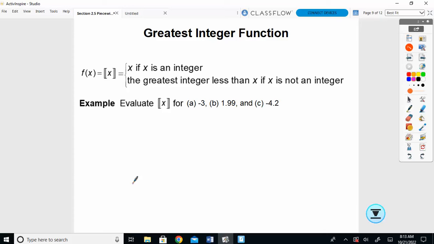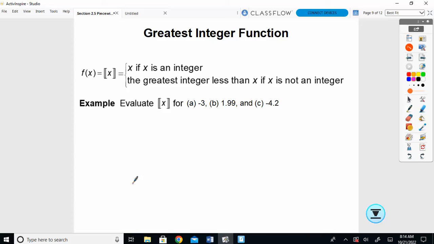So if I put in 1.3, 1.3 falls between what two numbers? 1 and 2. You give me the smaller number. So we get out 1. If I put in 1.9, 1.9 falls between 1 and 2. You always give me the smaller number. So 1.9 would give me 1. You can't get out anything bigger than what you put in.